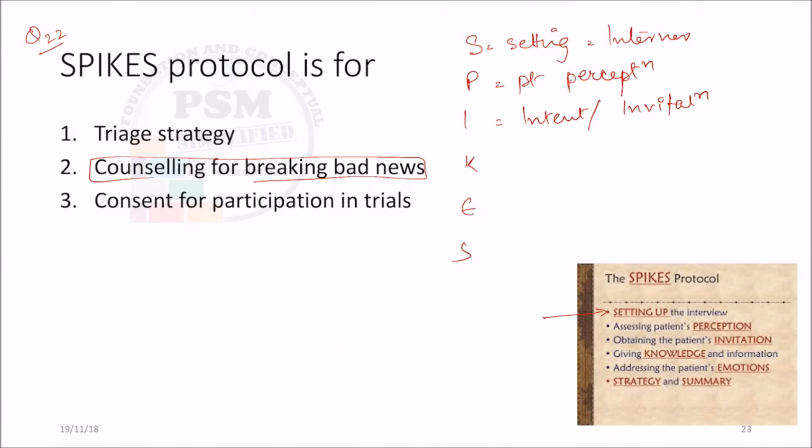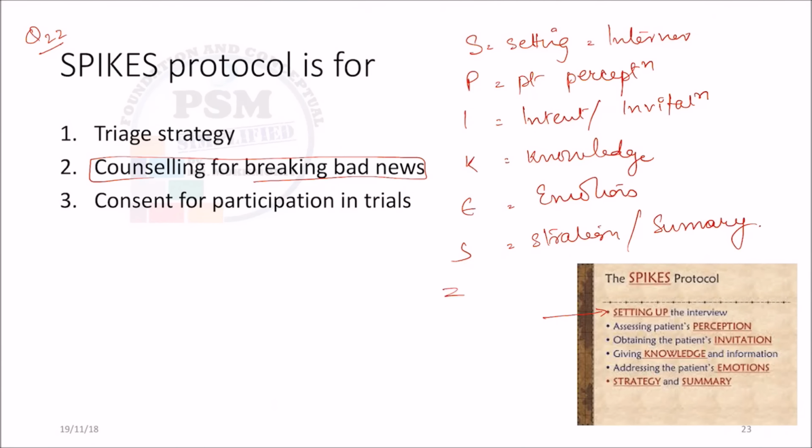K is for knowledge, what knowledge they have. E is for emotions. And last, S is for strategy and summary. So the SPIKES protocol is for breaking bad news, and it is not for consent or participation. It is not a triage strategy.